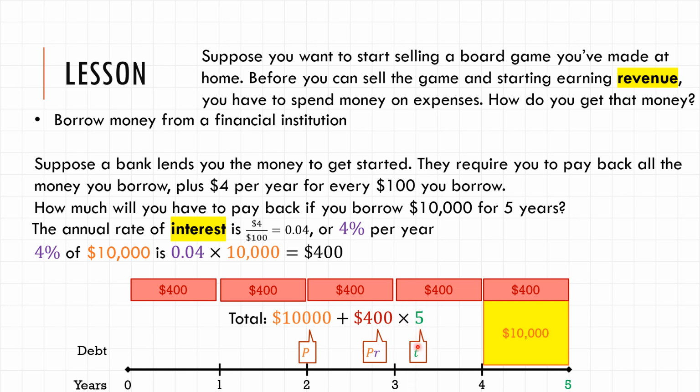Remember, we talked about the term is the number of years. This is the formula for something called simple interest. P plus P times R times T. That is how you calculate how much money you need to pay back at the end of the term when you're borrowing money at a certain rate.